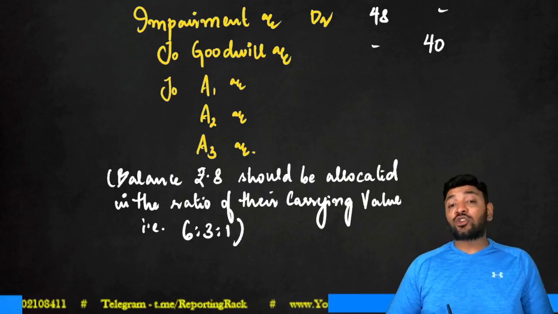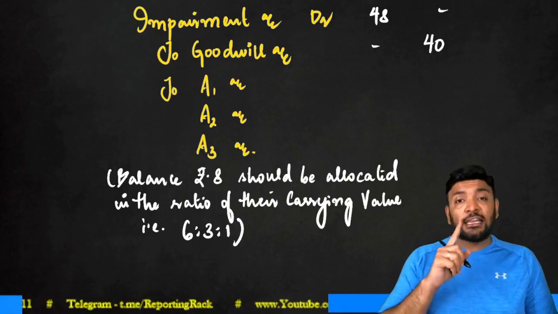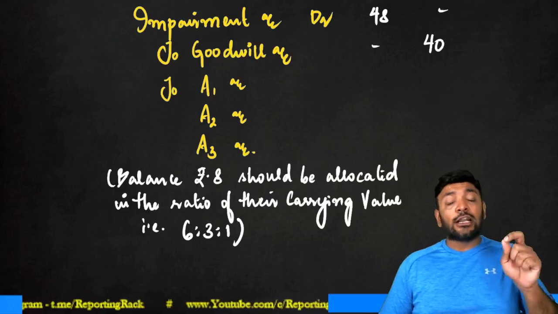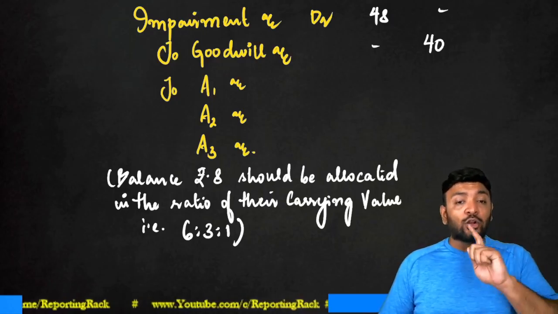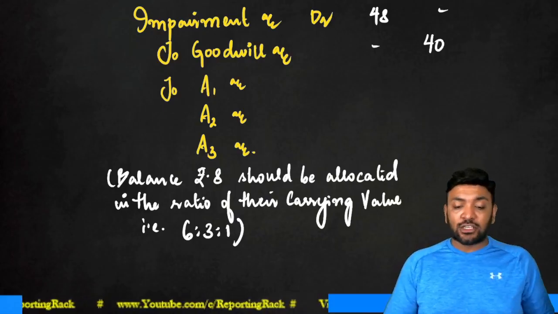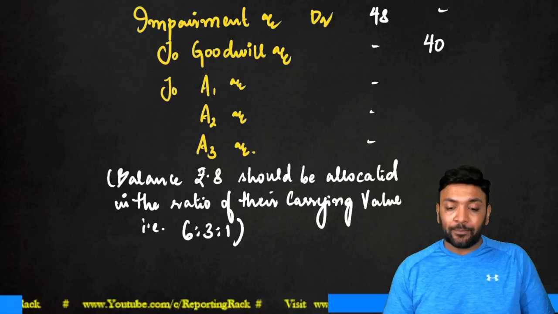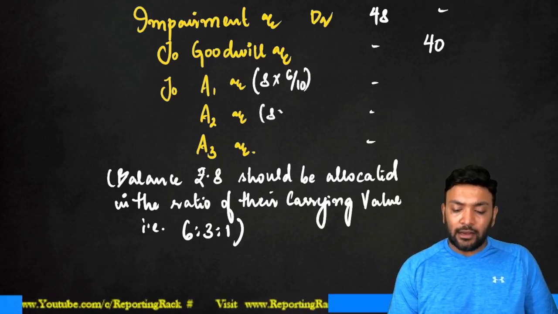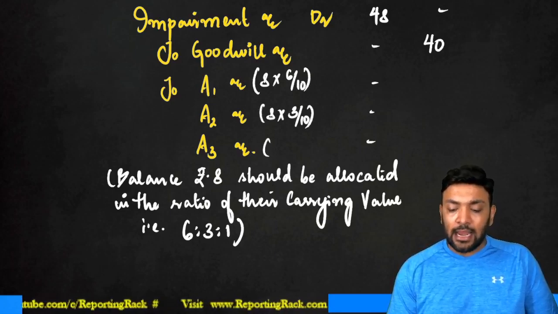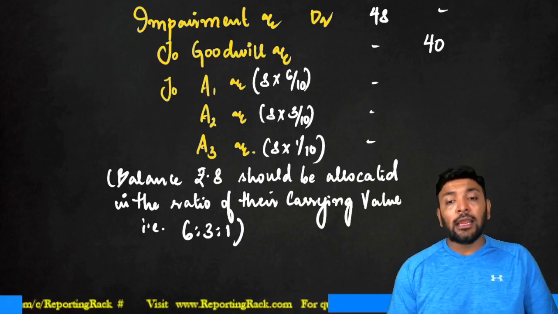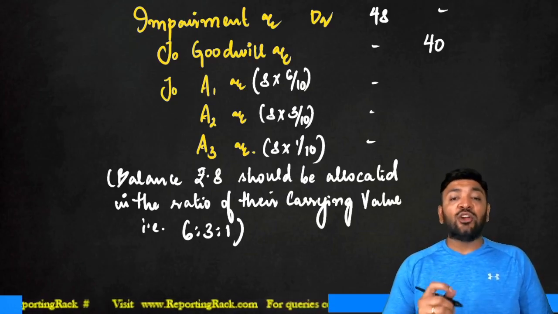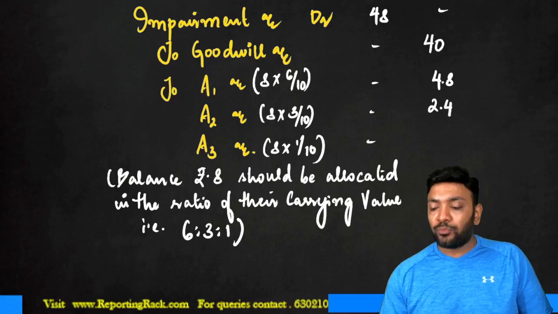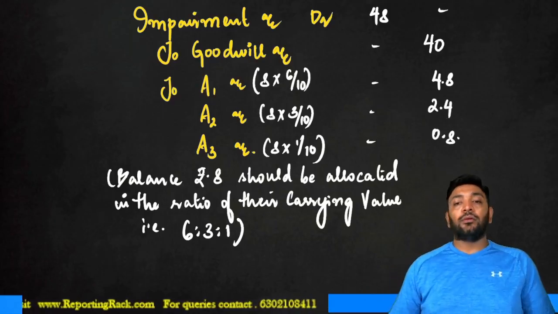How much should be allocated in 6:3:1? Out of 48 rupees of impairment, 40 rupees is already allocated to goodwill. So only the balance 8 rupees should be allocated to each asset in the ratio of carrying values. Therefore, the amount is 8 into 6 by 10, 8 into 3 by 10, 8 into 1 by 10, allocated in the proportion of their carrying values to each asset in the CGU. So this is 4.8, 2.4, 0.8. That's it.